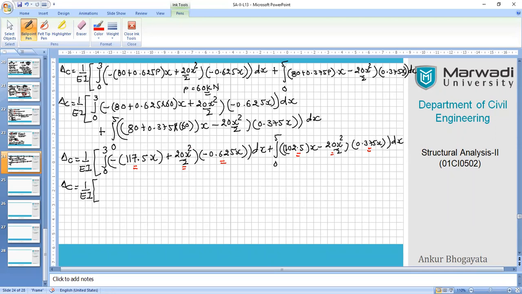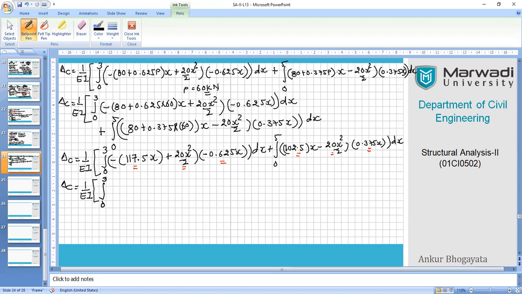117.5 into 0.625 becomes 73.43. Let me change the color. Okay, it is 0 to 3. Remember, we have not gone for integration yet, we are just preparing for integration, right?